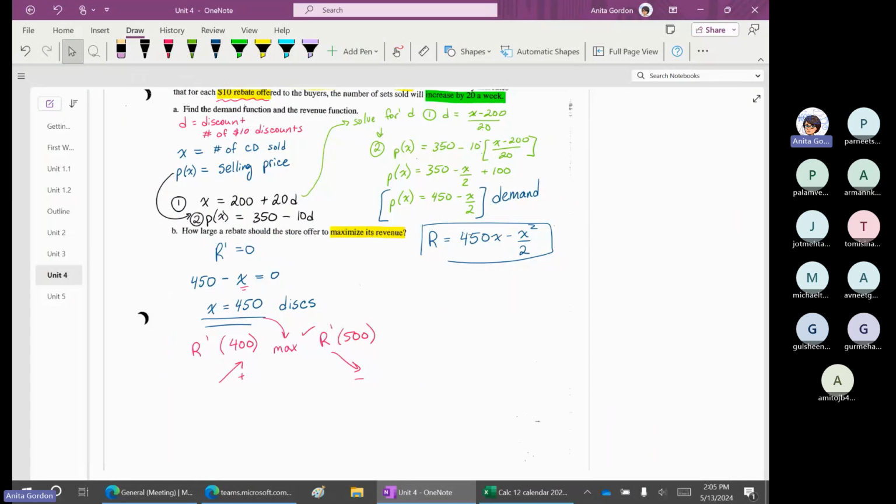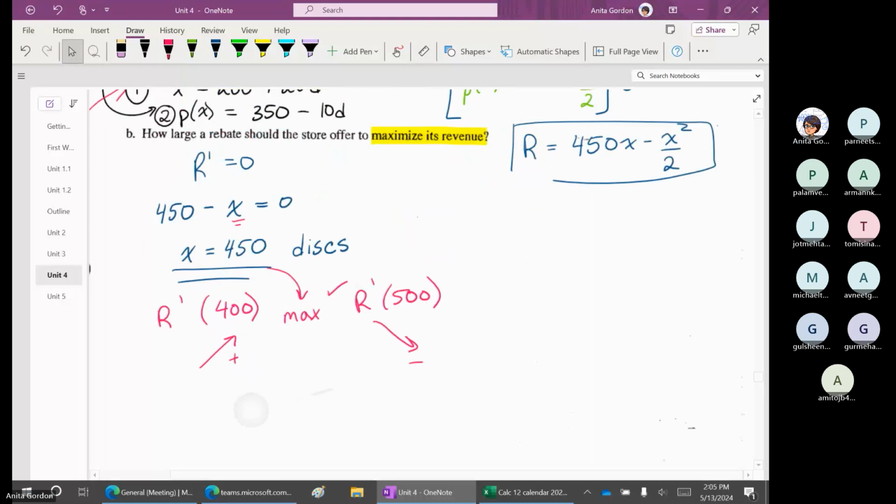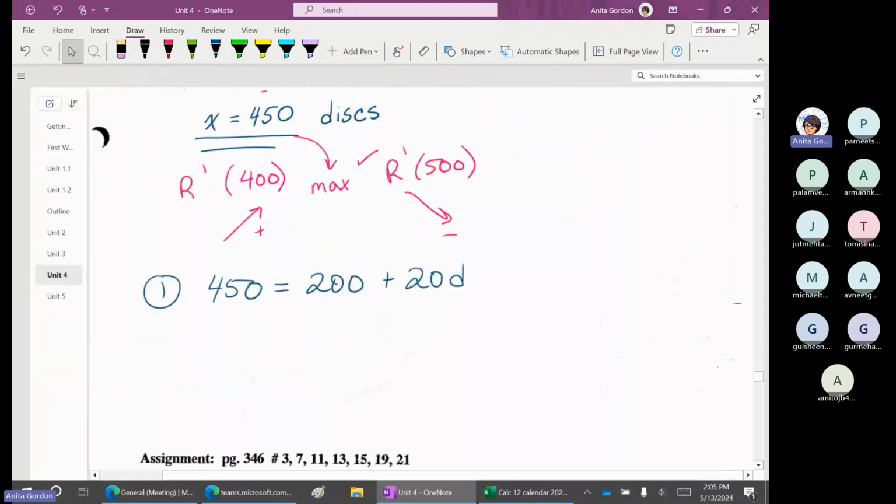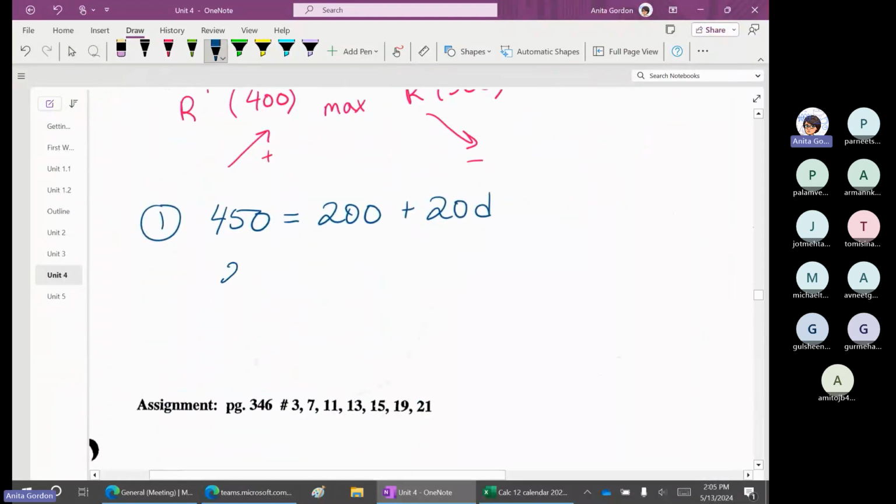You can put it into equation 1 directly, and then we can solve for what the discount is. Yep. So let's see. Equation 1 says 450 equals 200 plus 20D. So this is 250 over 20. 12.5 equals D. What does that mean, actually?